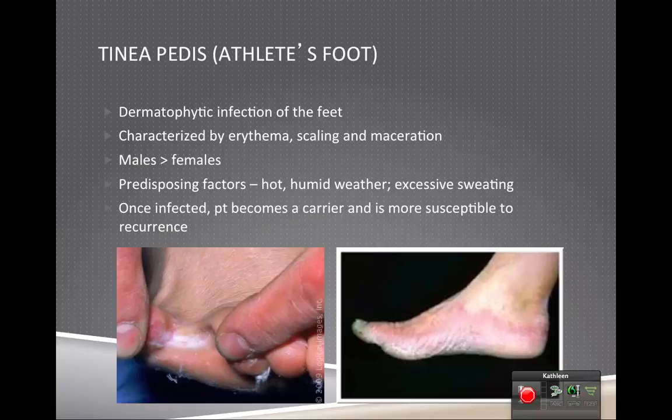Usually, athlete's foot starts with the 4th and 5th toes. Webs become dry, scaly, and fissured, and itching is worse when shoes and socks are removed. I just had a patient this weekend who had athlete's foot but developed an impressive cellulitis due to the opening of the skin.